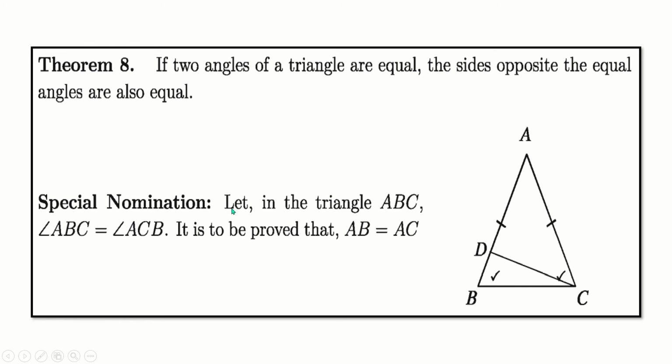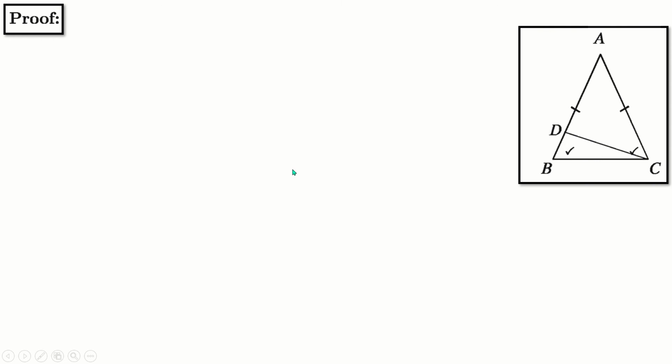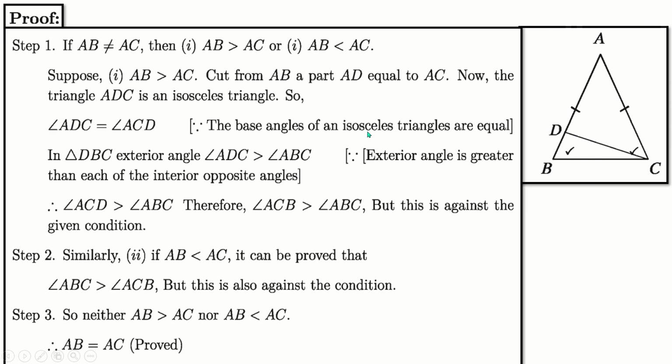So if two sides, that means AB and AC, are either equal or not equal, either AB is greater than AC or AB is less than AC.